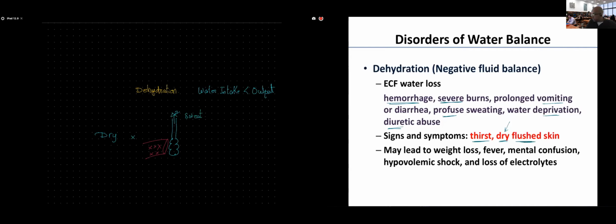Why flushed skin? Why the skin is going to be flushed in case of dehydration? Because another way by which your body is going to be responding to an increase in its body temperature is by dilating its peripheral vessels, performing a vasodilation of the peripheral vessels, which will allow the body to lose heat by radiation.